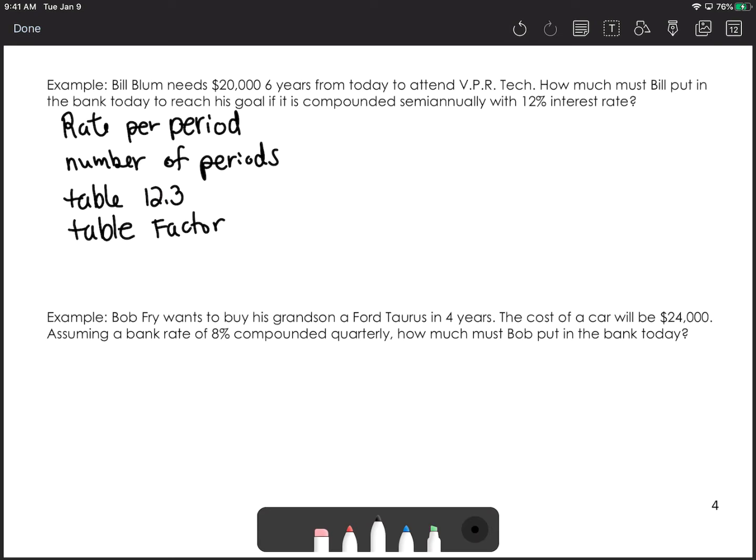Since this is 12% interest and it's compounded semi-annually, that 12% interest is going to get split into twice a year. So the rate per period is going to be 6%. The number of periods, since it's twice a year for 6 years, we're going to have 12 periods.